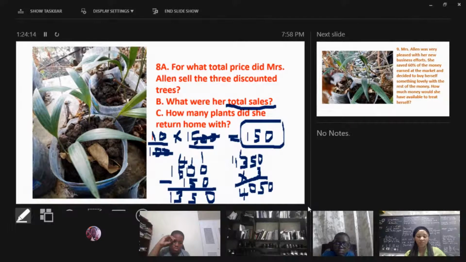And she had brought 24 trees, 2 dozen. 1 dozen is 12, so 2 dozen is 24. So 24 minus the 21. So she went back home with 3 trees, which is great. That's good sales. She went there with 24 and she sold 21.